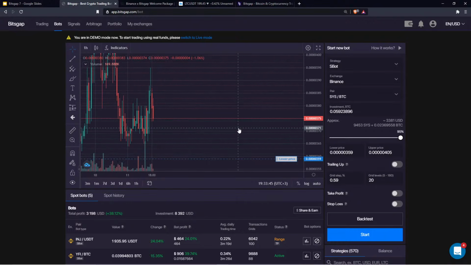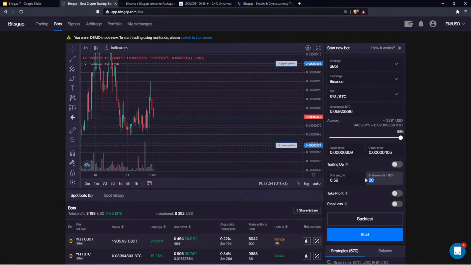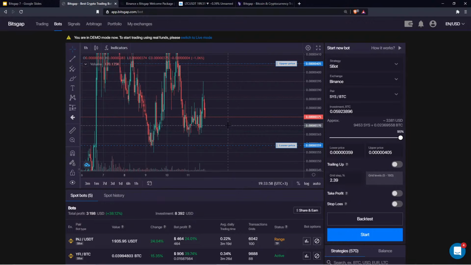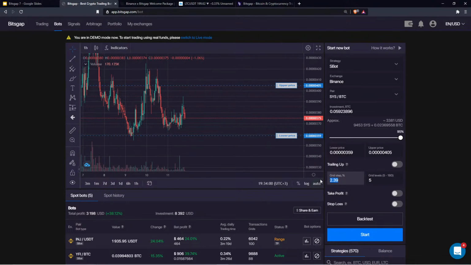Because now your gap between the purchase and sell price is increased relative to the previous configuration where we had 100 grid levels, okay?